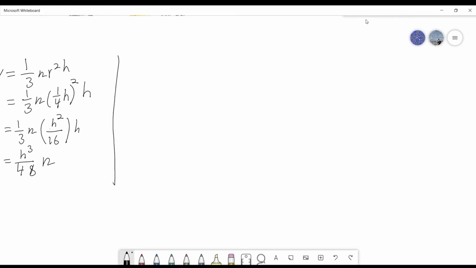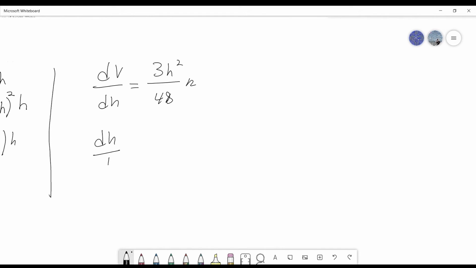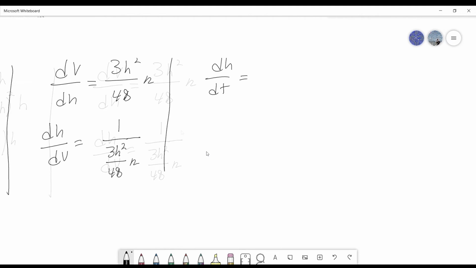So we differentiate the formula. dv over dh equal to 3h squared over 48 pi. So dh over dv equals 1 over 3h squared over 48 pi. dh over dt equals dh over dv, so 1 over 3h squared over 48 pi multiplied by 8.